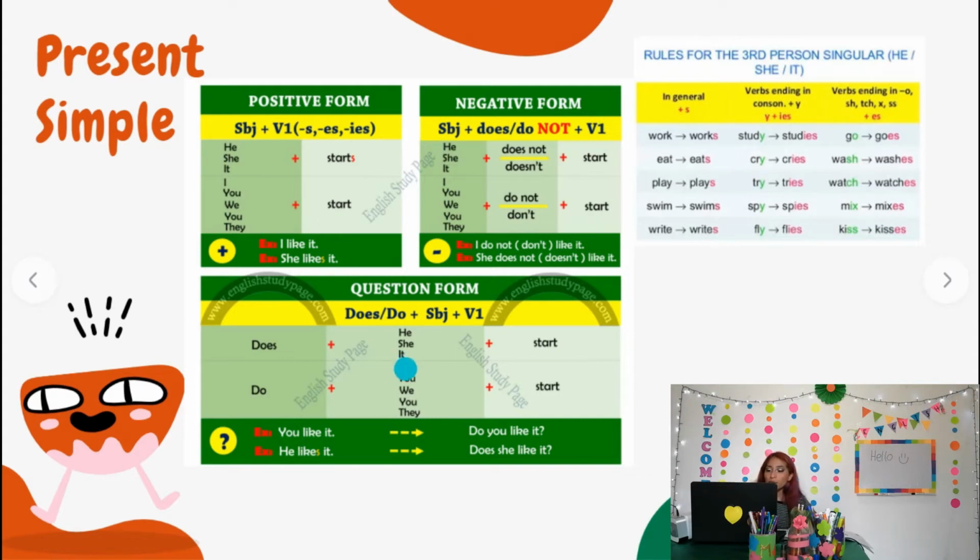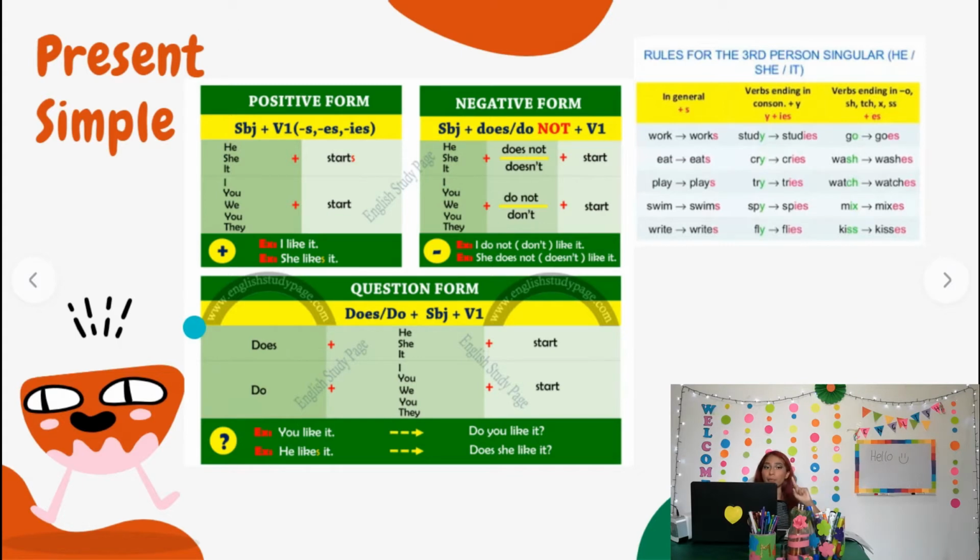The questions always begin with the verb do or does. It's an auxiliary verb. In this case, you're going to say, does he start? And then your question mark. Don't forget your question mark, because you sometimes forget it. If it's not third person, we are going to use do.